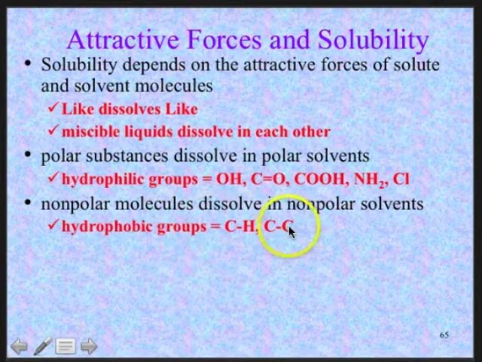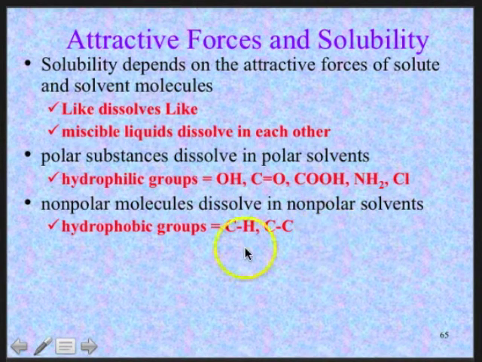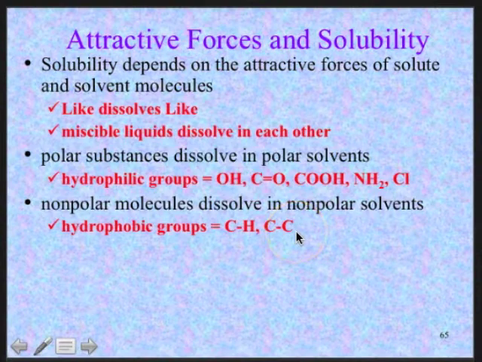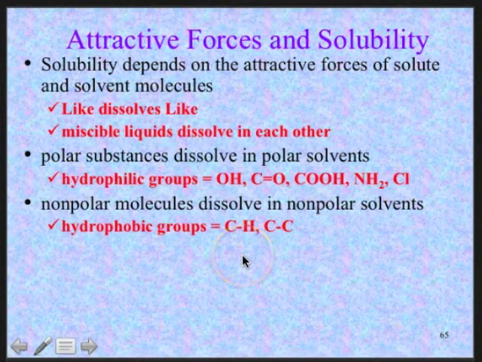Nonpolar molecules dissolve in nonpolar solvents, again, like dissolves like. So you might have a molecule primarily of carbon-hydrogen bonds or carbon-to-carbon bonds, oil, gasoline, and the like. These will not dissolve in water, but they will dissolve in each other.